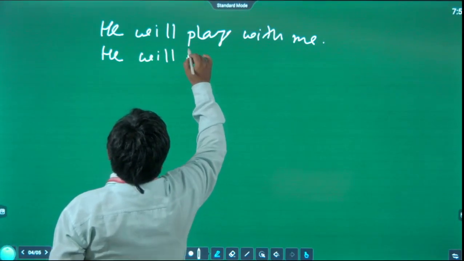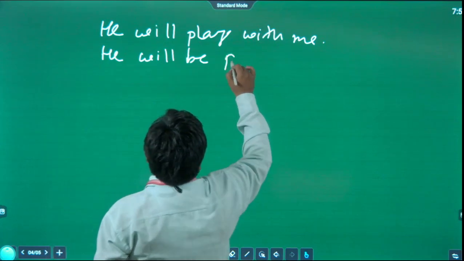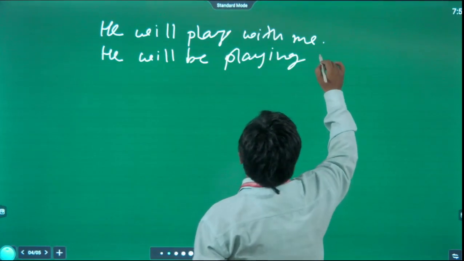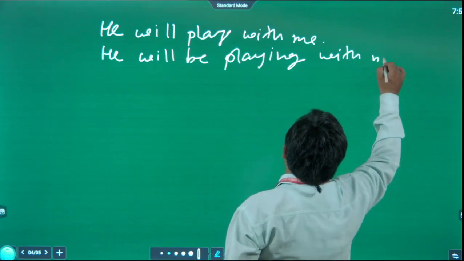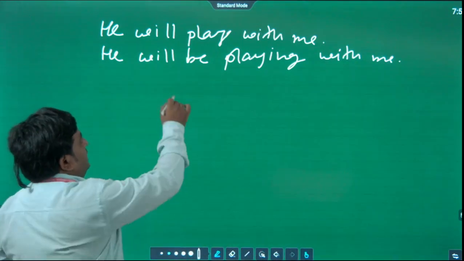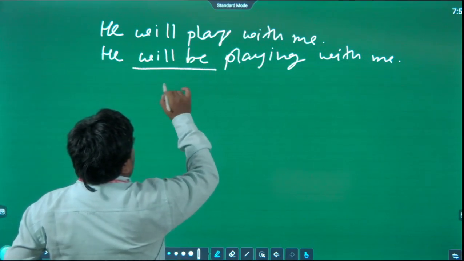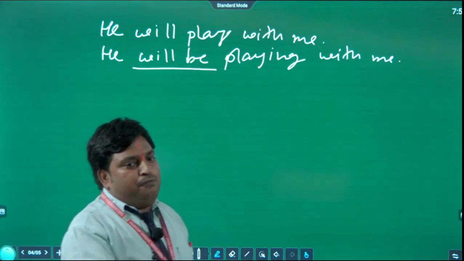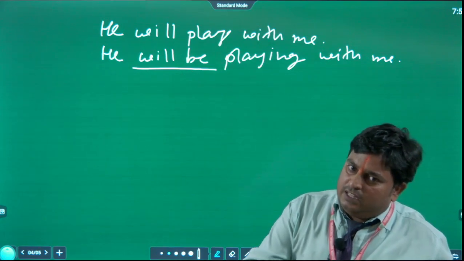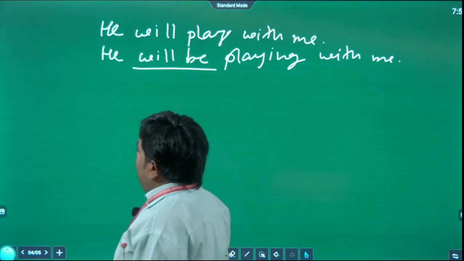He will be playing with me. Here in the future continuous tense, as helping verb we use will be or shall be. With the first person I and we we use shall, and for other subjects we use will.